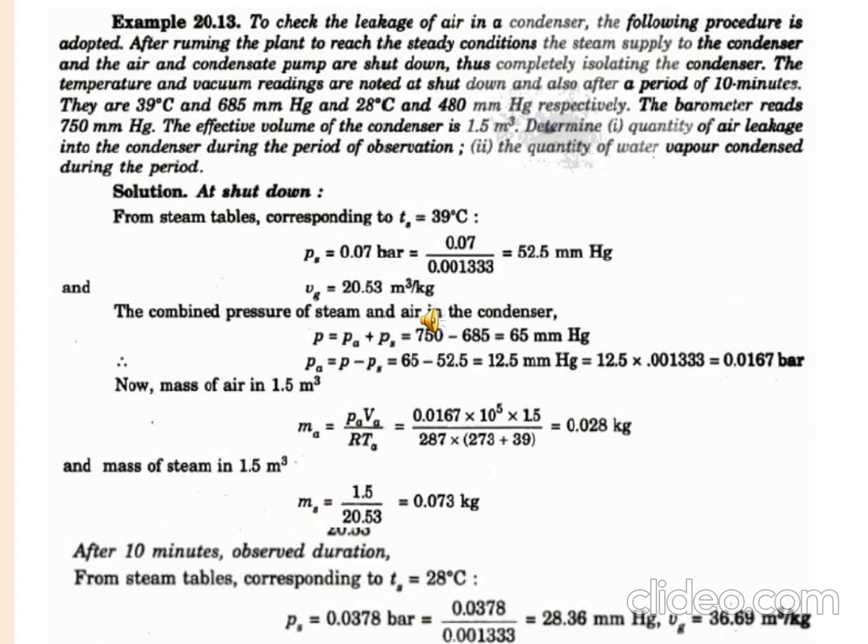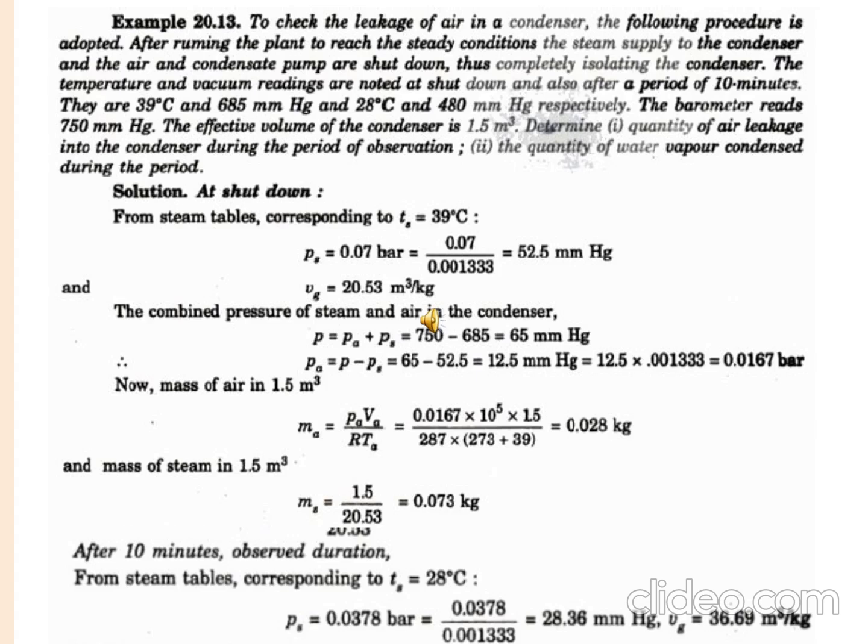If the back pressure increases, our work output decreases. Our main motive is to lower the condenser pressure, but due to air, if the back pressure increases, then simultaneously our work output also decreases.